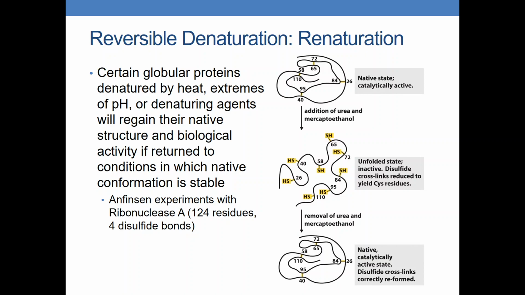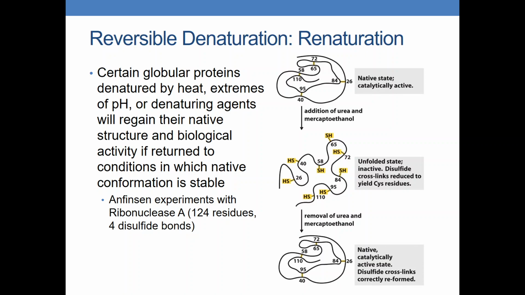Urea is going to induce unfolding of the protein, so you're going to denature your protein via the introduction of urea. Mercaptoethanol is a reducing agent that is going to disrupt your disulfide bonds. After the introduction of those two things, you should have an unfolded ribonuclease A. That's what you have right here. All of your individual disulfide bonds have been converted to the reduced free cysteine side chains. So you're completely unfolded here.